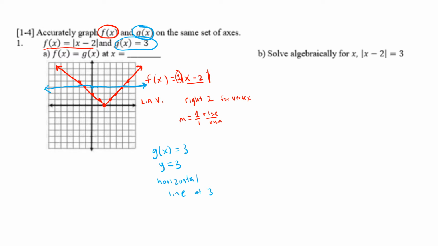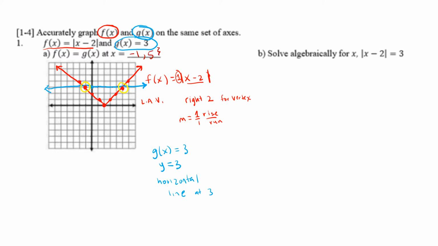Now again, as long as you make your points accurate, and we know that we have to go up to 3, it'll be obvious where these two lines intersect. Right, these two graphs intersect at these two critical points right here, and here, which is happening at x equals negative 1, and x equals, what is that? 1, 2, 3, 4, 5.